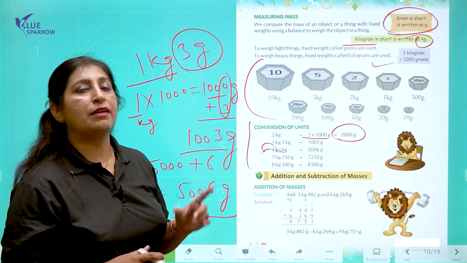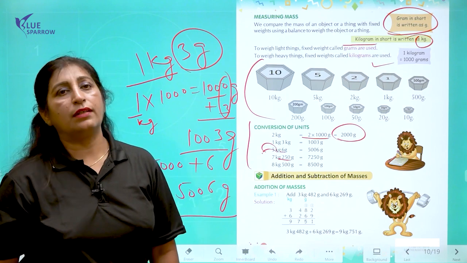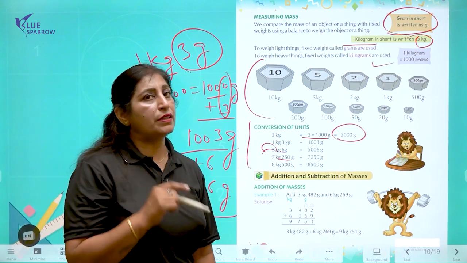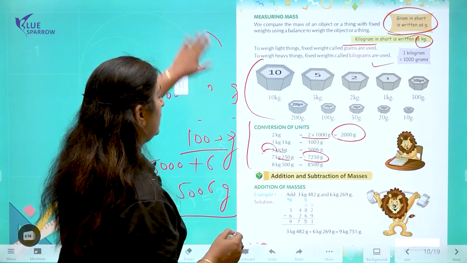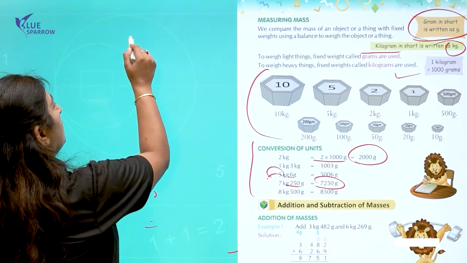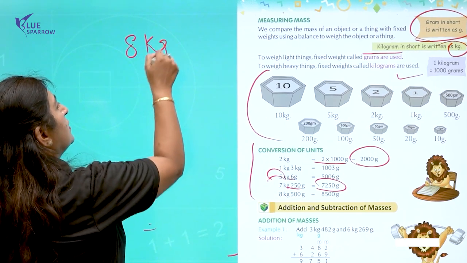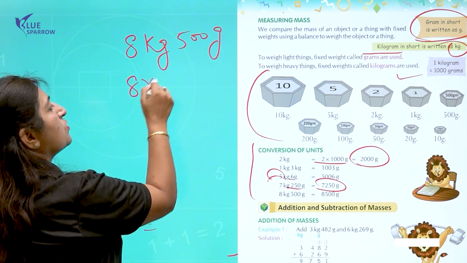It would give us 7000 grams and we would add 250 grams to it, means it would give us 7250 grams. Now to convert 8 kilograms and 500 grams into grams, we would firstly again multiply 8 with 1000.